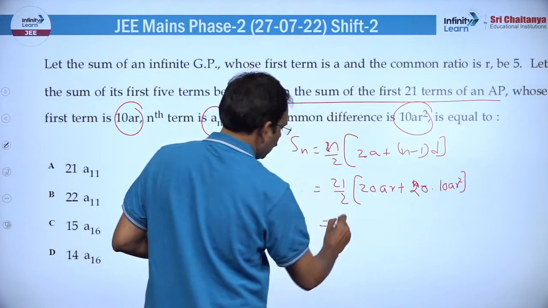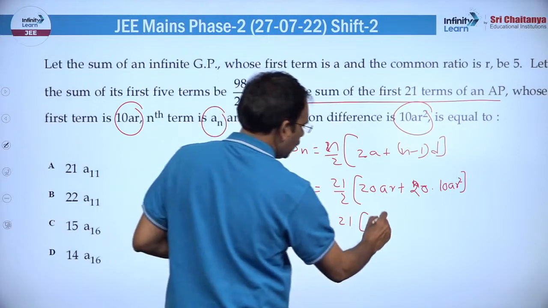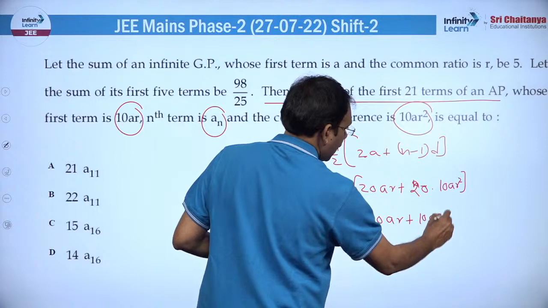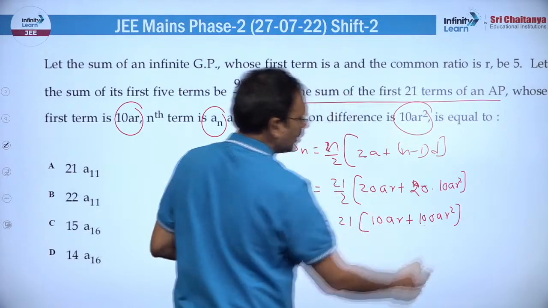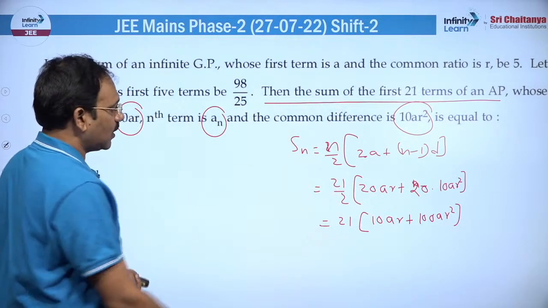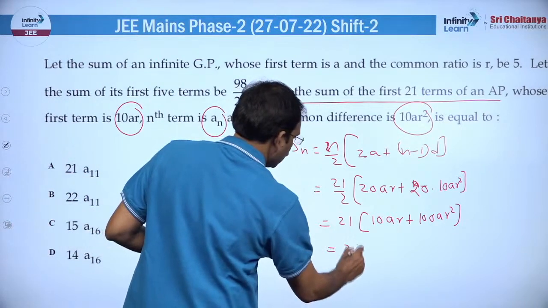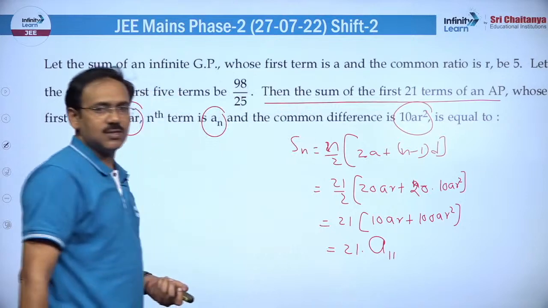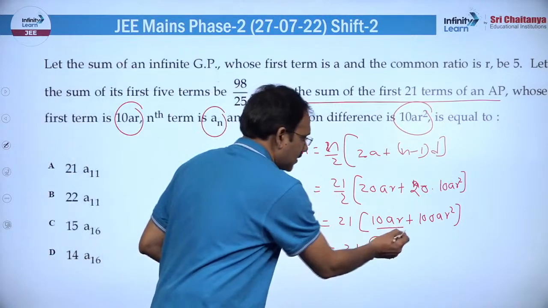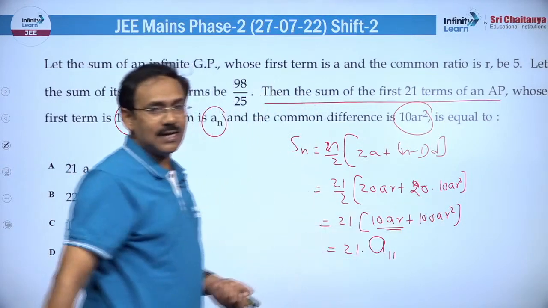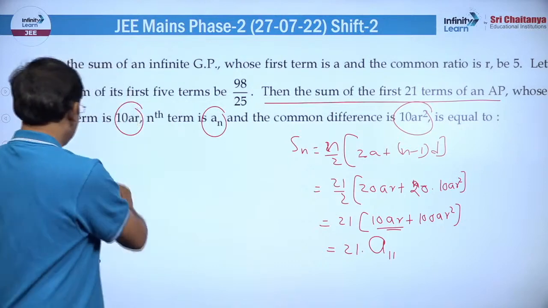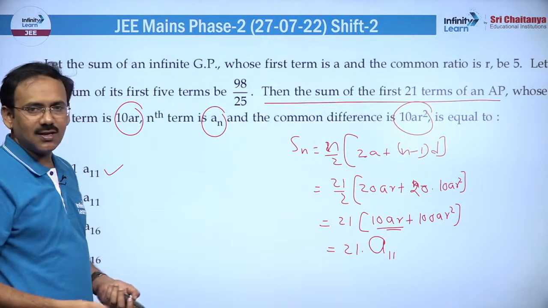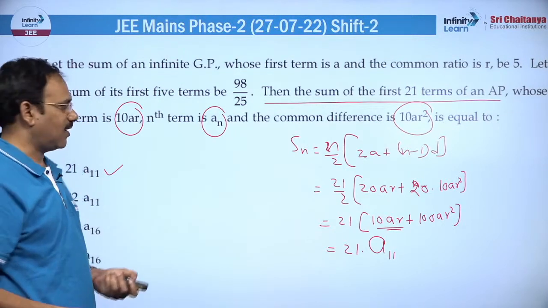You just take 2 common, my dear friends: 21 into 10 AR plus 100 AR square, that is 10 into 10 AR square. Can I say that this is going to be 21 A11, the 11th term of the AP, because first term A plus 10 times D gives A11. So the GP information he has given is not necessary, it is superfluous data.